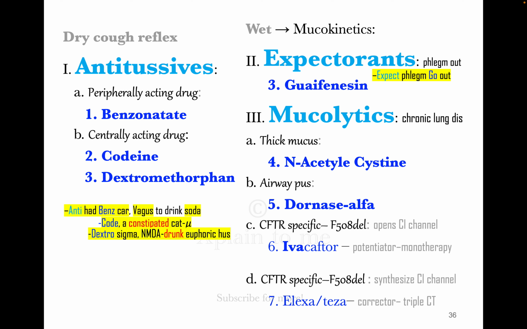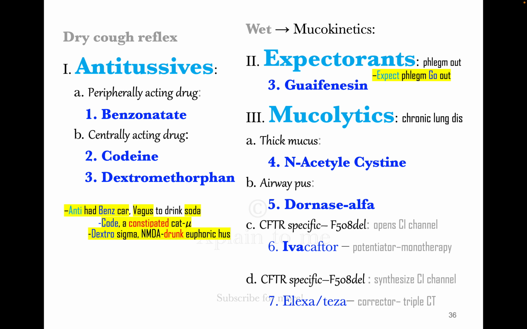All three drugs you study as three different ones. If the patient has a thick mucus layer, you need to dilute it, not by adding water. This is nothing to do with water. Remember, we can give a drug called NAC. It is called N-Acetyl cysteine. N-Acetyl cysteine is rich in SH bonds, sulfhydryl.